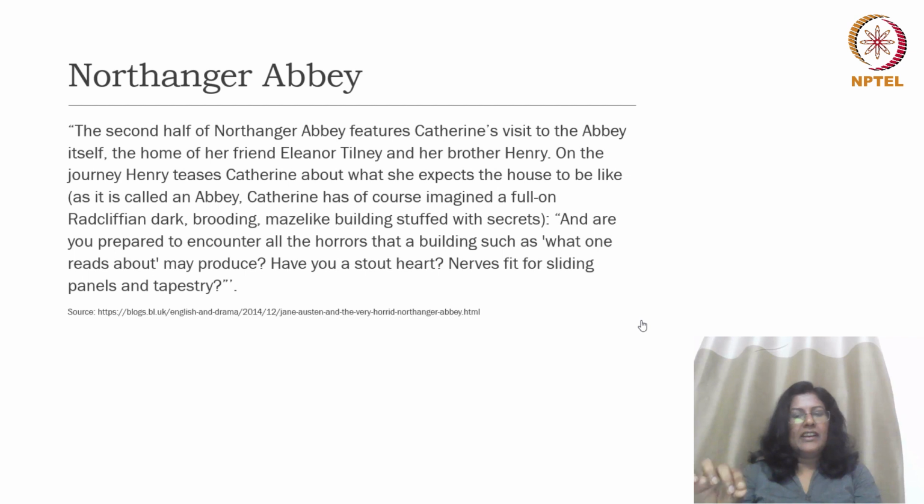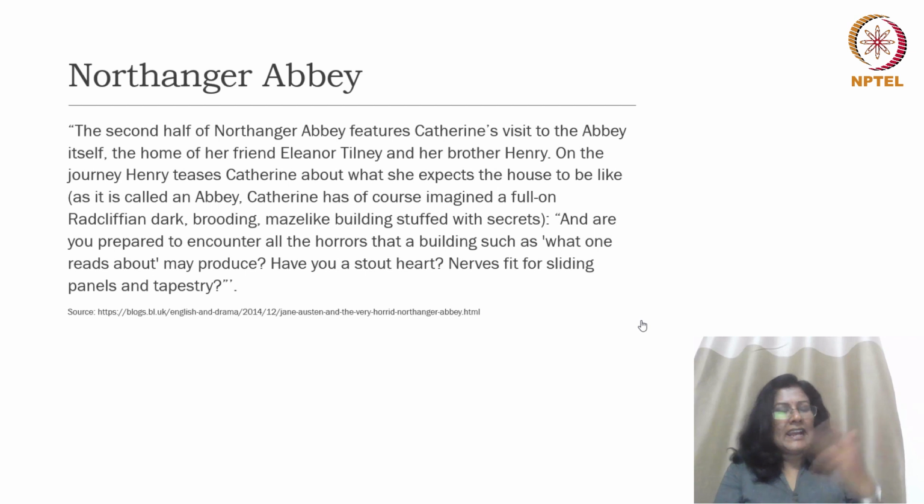So his references here are some of the attributes of Gothic fiction: the sliding panels, the tapestry, hiding horrid things, and all the maze-like buildings and the darkness and the brooding ambience of Gothic castles are actual part and parcel of fiction that Catherine had read, just as Isabella Thorpe had.